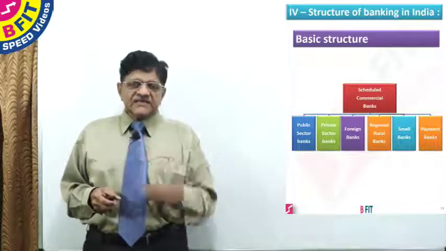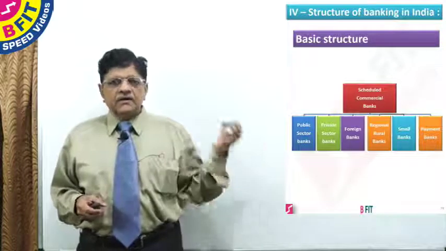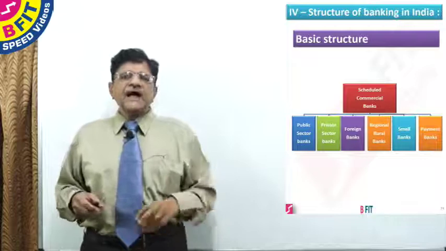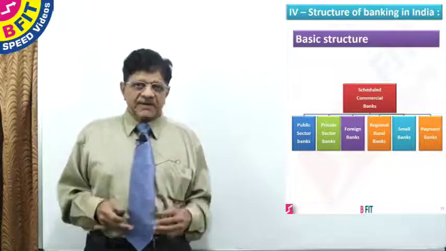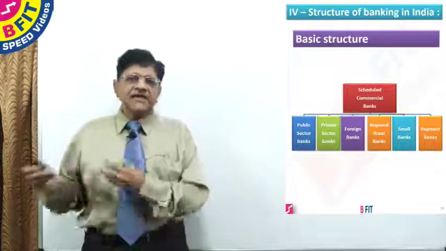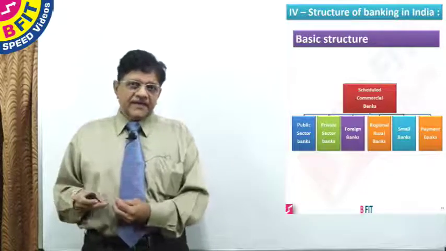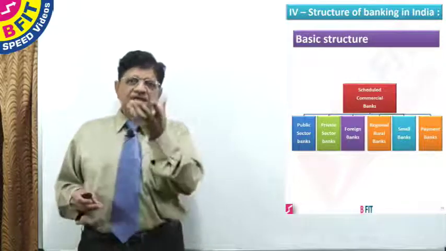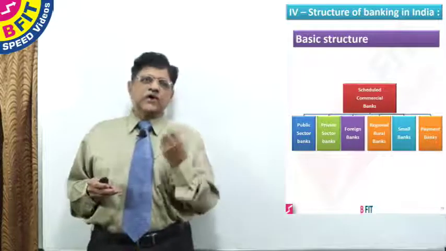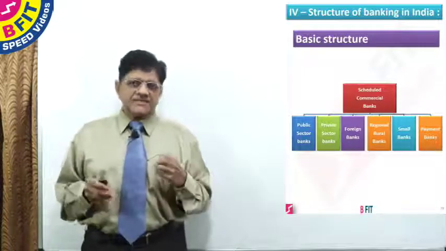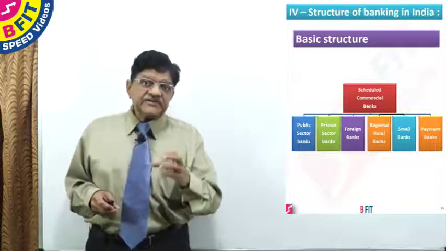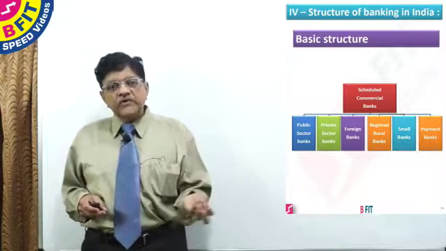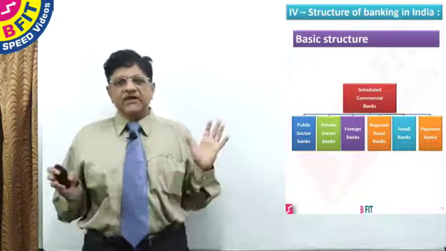Then in 1969, 14 banks were nationalized. They became the second instance of public sector banks. Let us see public sector banks in detail in the next 2 or 3 slides. For the time being, it is sufficient for you to understand that a public sector bank is a bank whose majority of shares is held by the Government of India.